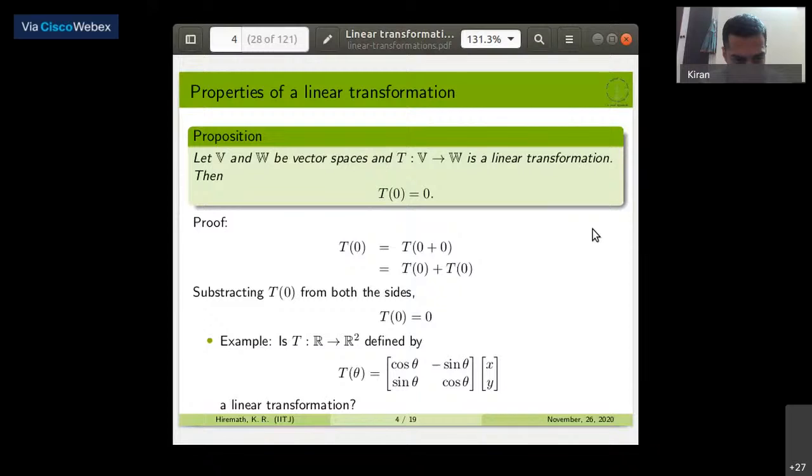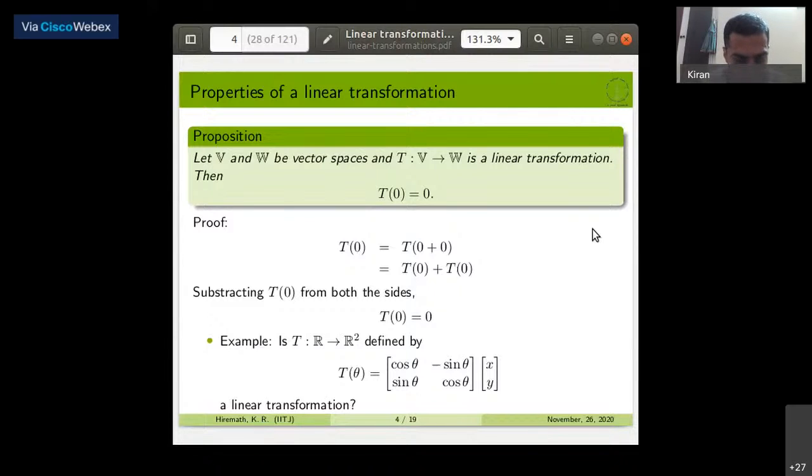In this case, what is the image of 0 in R? It will be XY, this will be the identity matrix. So this shows that it can't be a linear transformation. So now life is much simpler.